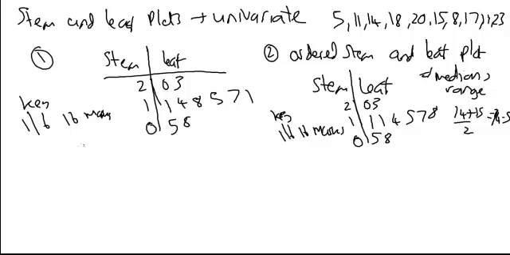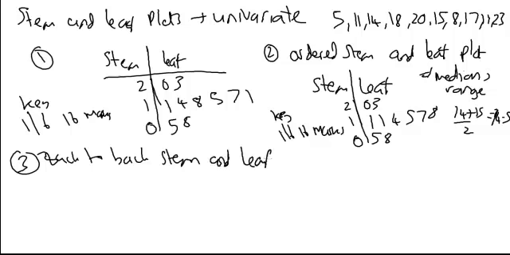So then we only have one thing left, and that is the back-to-back stem and leaf. So here we need another data set. We use the back-to-back stem and leaf plot to compare two data sets.